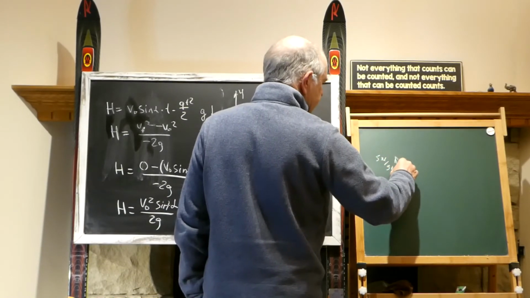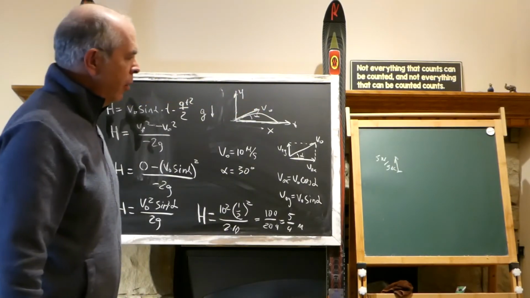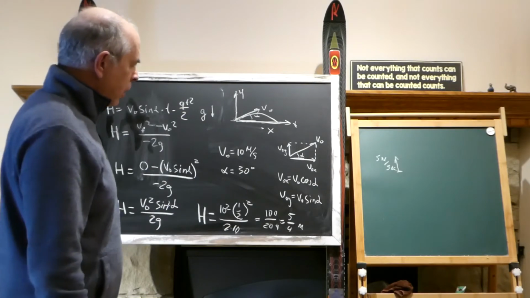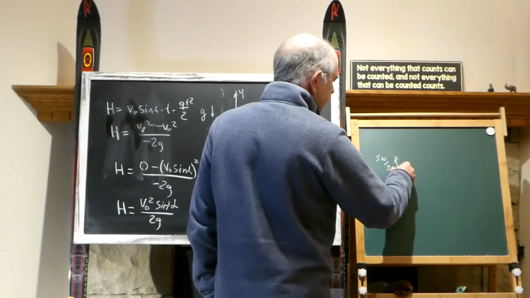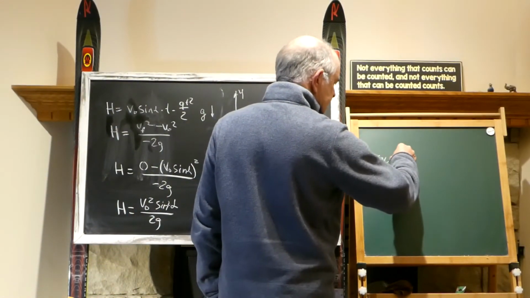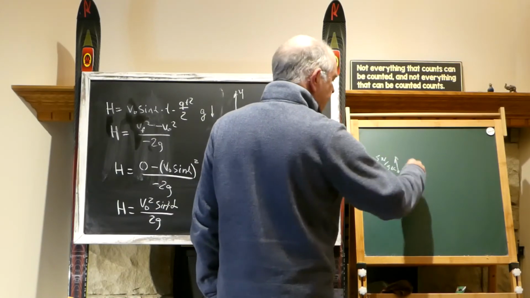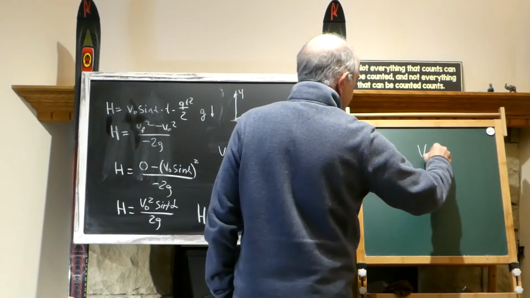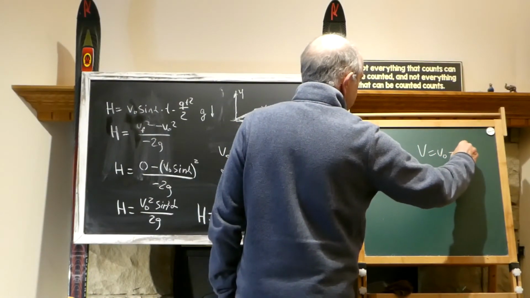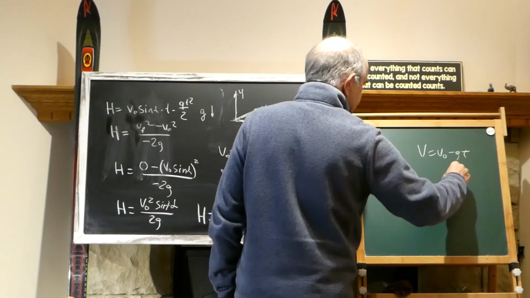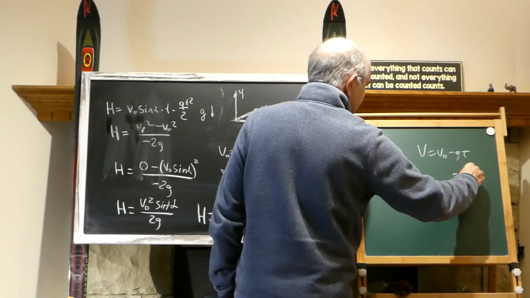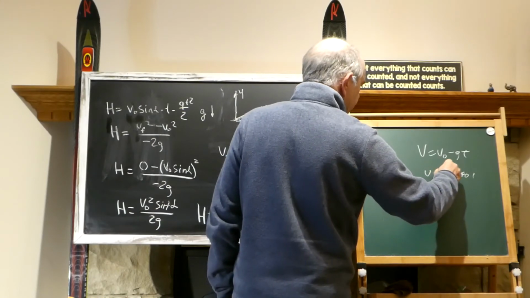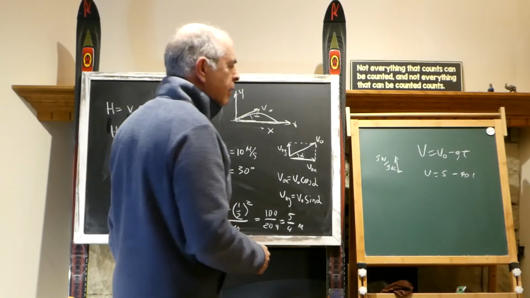And of course, with 5 meters per second, we don't go too high, because in 1 second the speed will be reduced, because remember, v equals v0 minus gt. If t is 1 second, it would be minus 10, and the vertical speed would be 5 minus 10, which is negative.